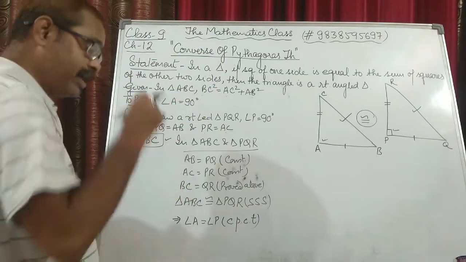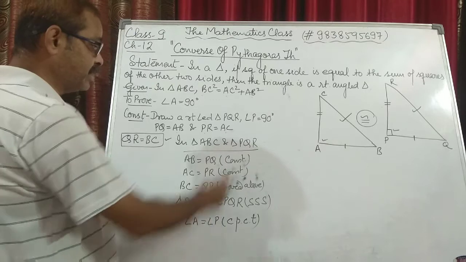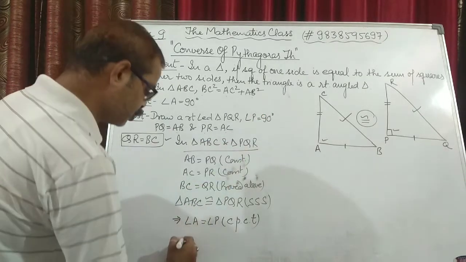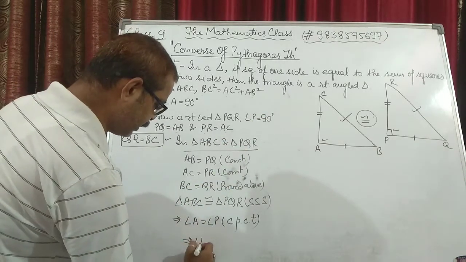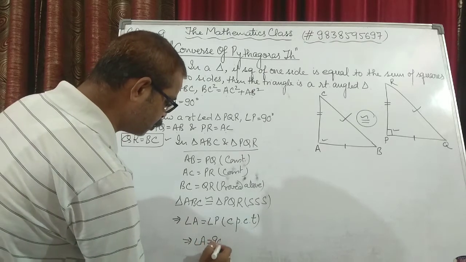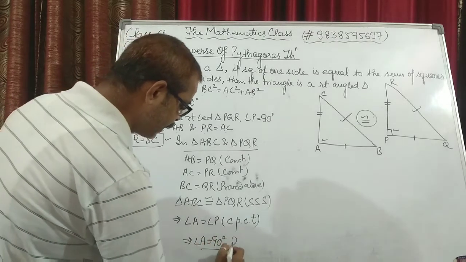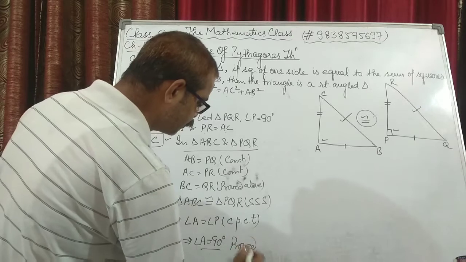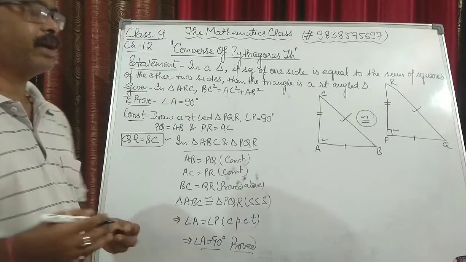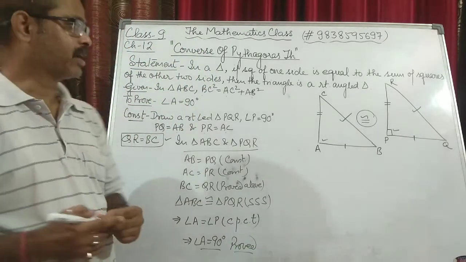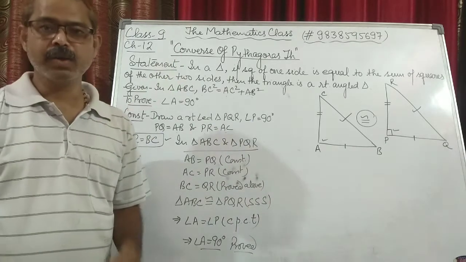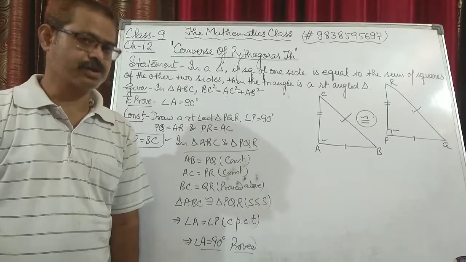And we have already made angle P 90 degrees by construction. So we can say that angle A is also equal to 90 degrees, and that was the proof. This is the way we are going to prove it. Hence proved.